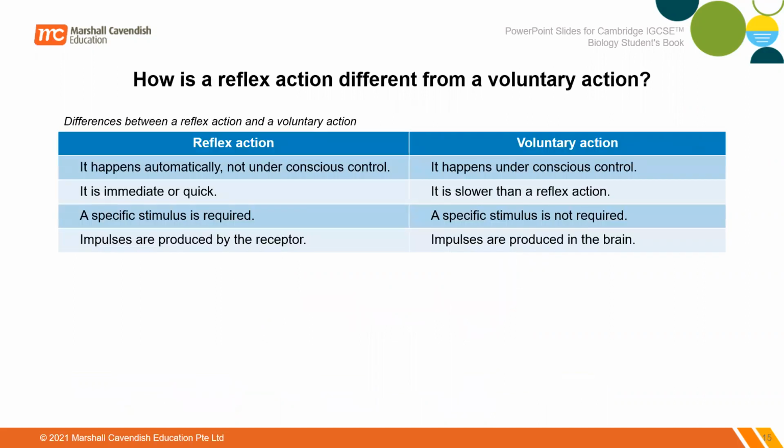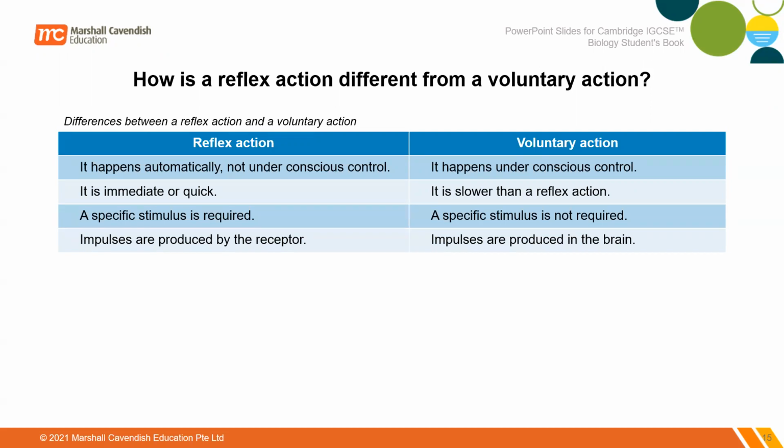Okay, this is the difference between the reflex and the voluntary action. Honestly, this is also expected for the exam. It is not a comparison, but he might ask you about the reflex action and you should write that it happens automatically, unconsciously if you want to write this.